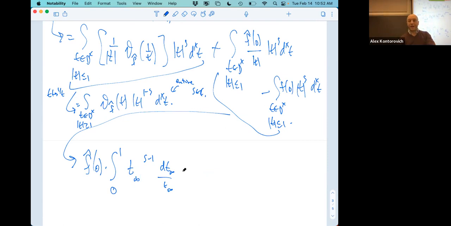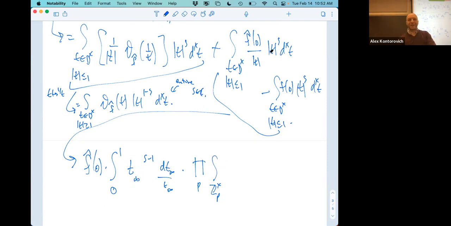And then what's going on at the finite places? The fact that t has absolute value less than 1 doesn't contribute, because we're just integrating over Zp cross. So we get a product over p, an integral over Zp cross. That's exactly what d star is.